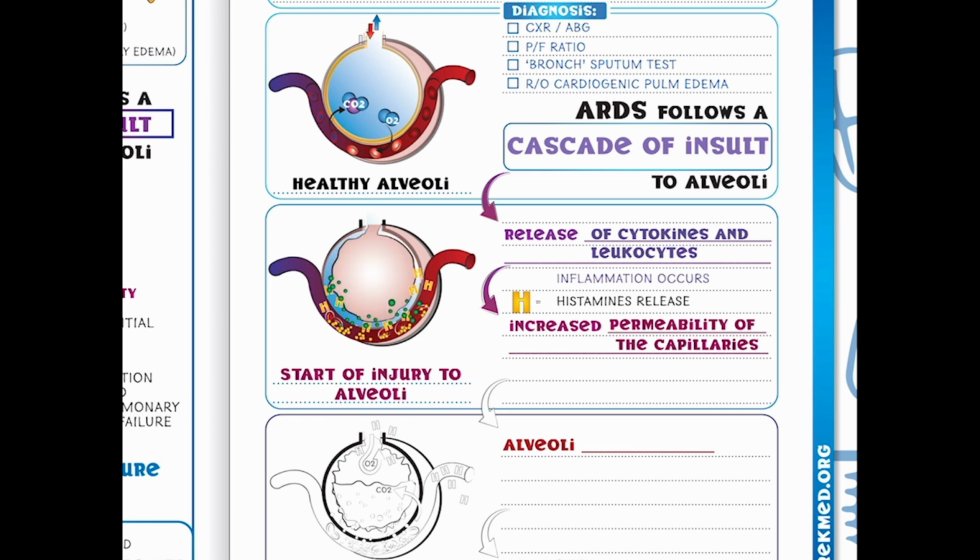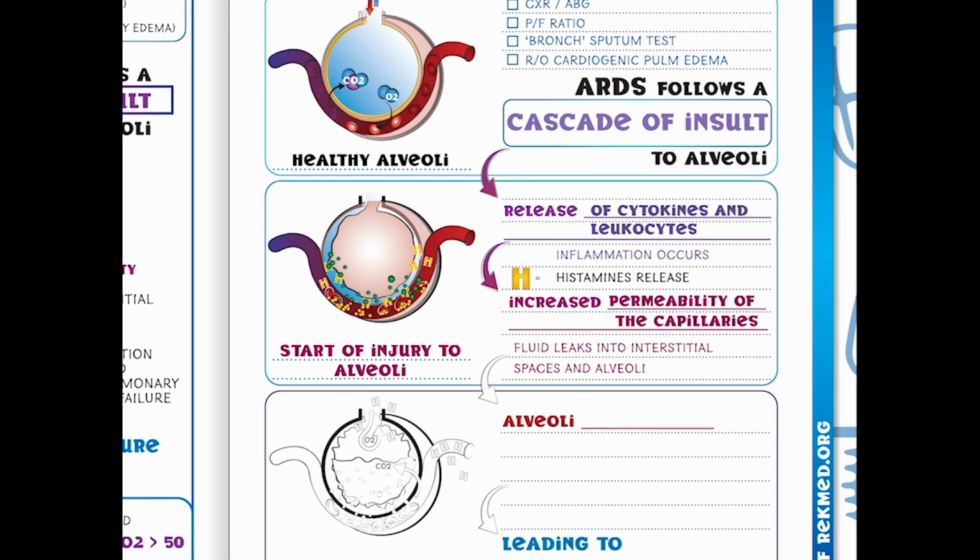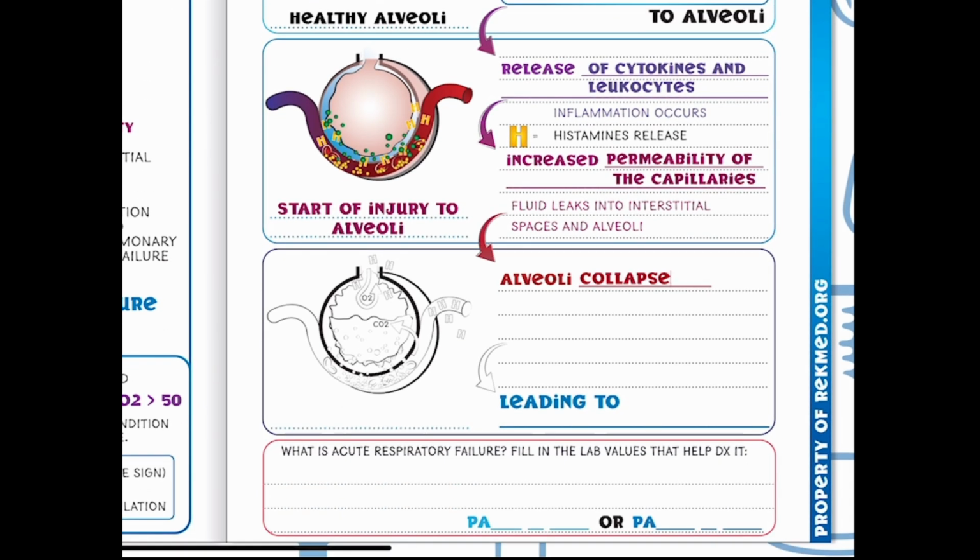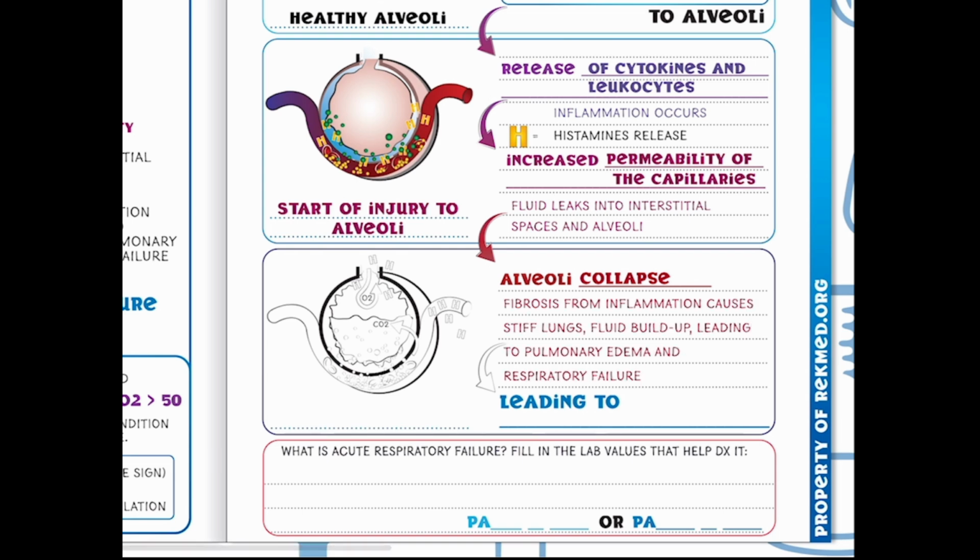And our fluid is leaking into the interstitial space between our alveoli and this blood vessel, which leads us into this alveoli collapse. And this is going to mean that fibrosis from the inflammation is going to cause stiff lungs, more fluid buildup, and it leads to pulmonary edema and into our respiratory failure.